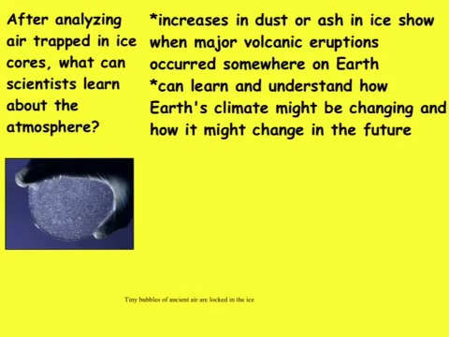As it travels on the winds and things like that, it settles down, it would settle on the snow and ice, and then become frozen in there, just like dirt or anything else might get frozen when we have a snow day here in Charlotte. So we can learn and understand how Earth's climate might be changing, and we can then make predictions and perhaps see how it might change in the future.